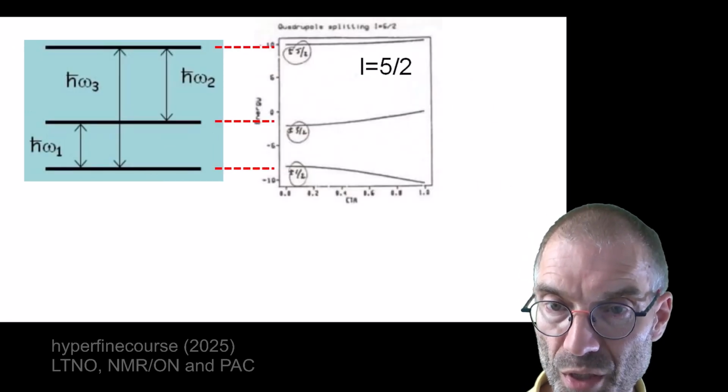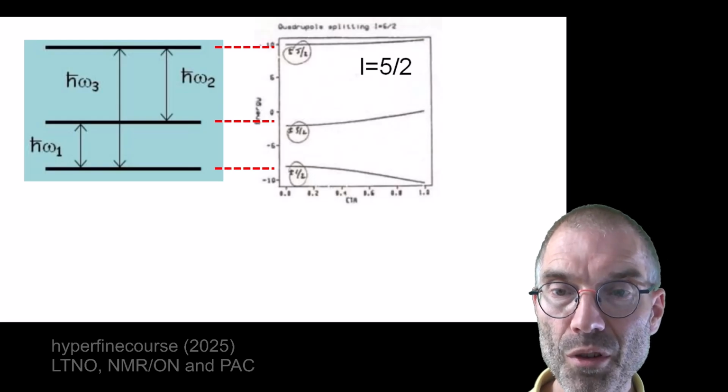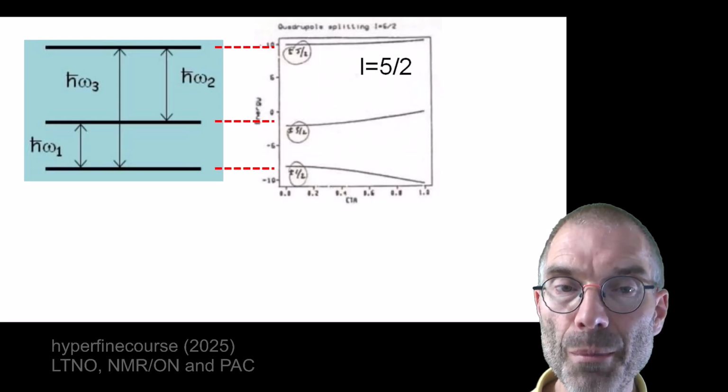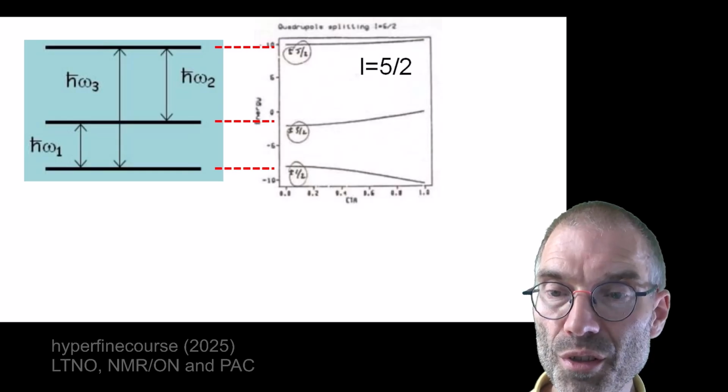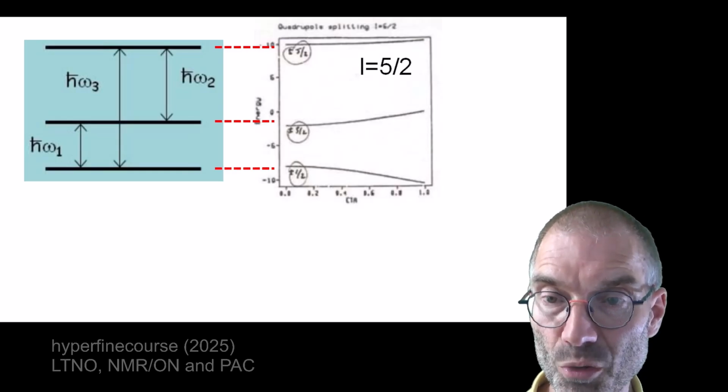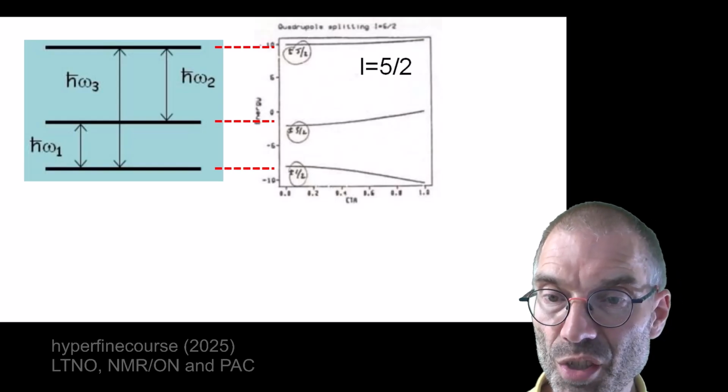So, more specifically, if we have an axially symmetric electric field gradient for a spin 5 half nucleus, we will have these three frequencies corresponding to these three energy transitions.